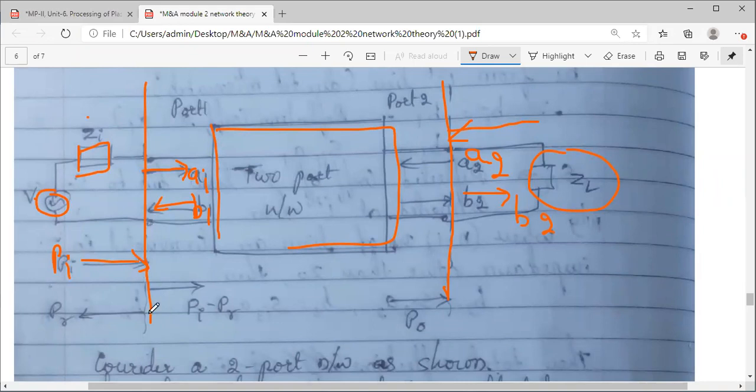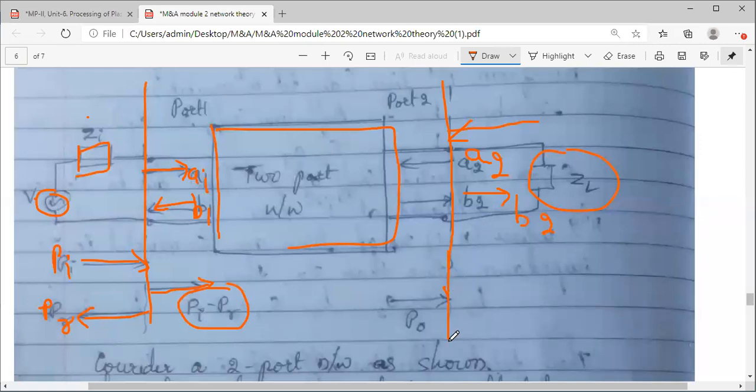If this is your incident power, because of the reflections, what will happen? Some power gets reflected. This is your direction, PI and PR. Part of the incident power got reflected, and whatever remains will be transmitted. That is PI minus PR. This is your transmitted power.